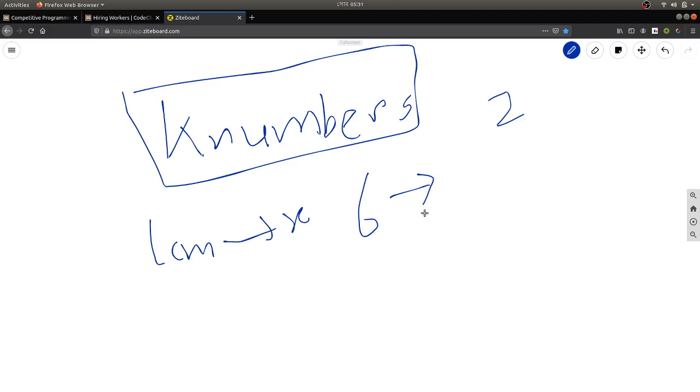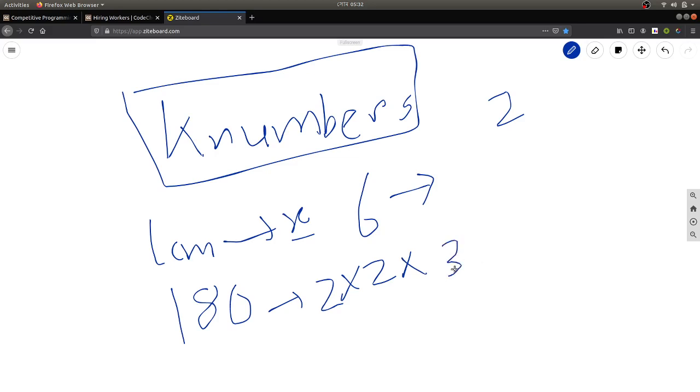So how can we do that? Suppose the given x, we will prime factorize that number. Suppose the given number is 180. If we prime factorize it, we get 2 into 2 into 3 into 3 into 5.